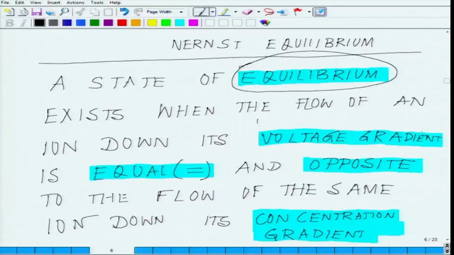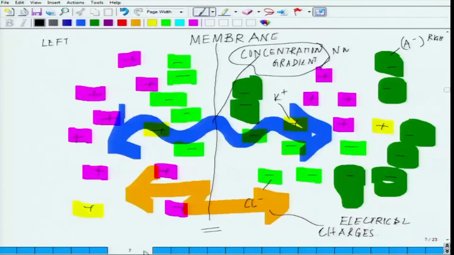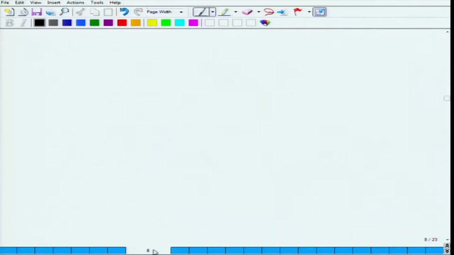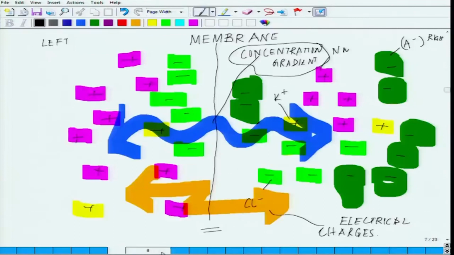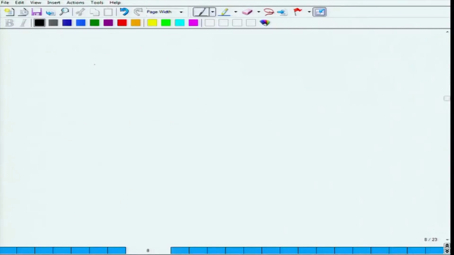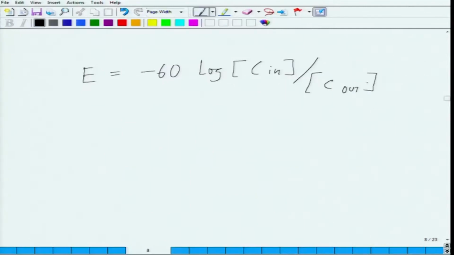So, there has to be equality between the voltage gradient and the concentration gradient, and this is expressed by a simple equation, basically E equals, in the most simplified form, minus 60 log of concentration inside upon concentration outside.